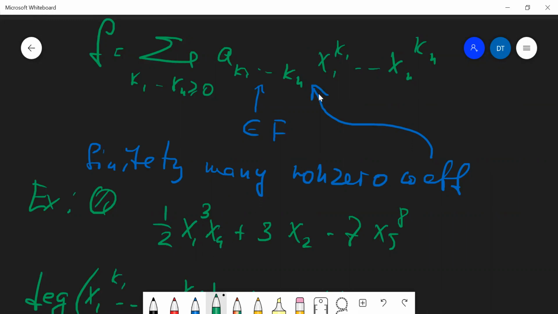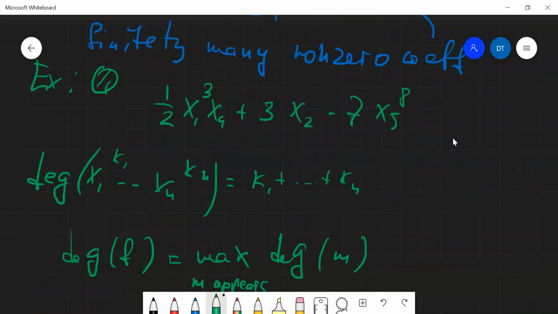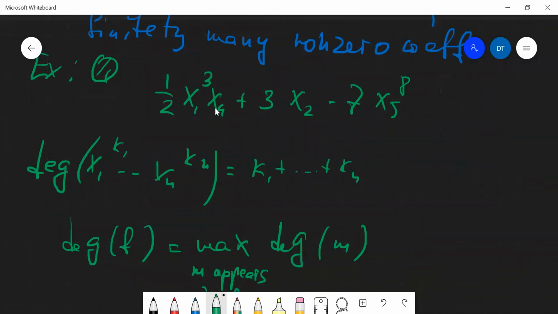So you take all the monomials with non-zero coefficients, compute the degree of each monomial, and then take the maximum. For example, here the degree of this one is 4, the degree of this one is 1, the degree of this one is 8. So the maximum is 8, so the total degree of this polynomial is 8.